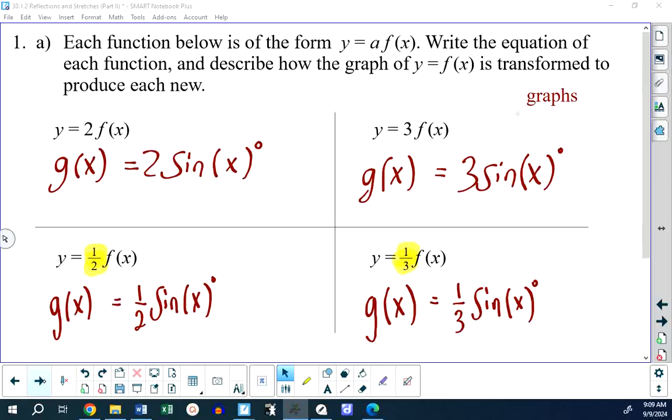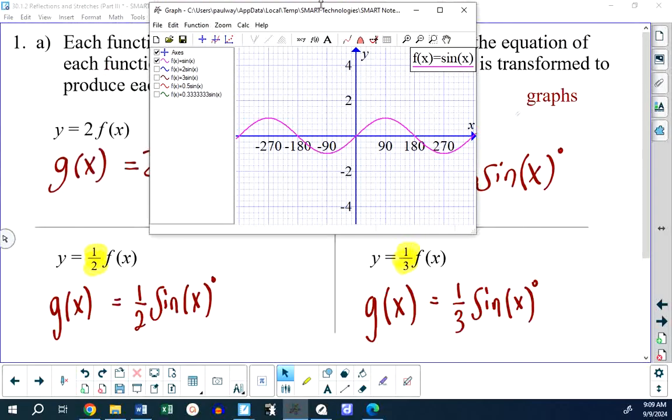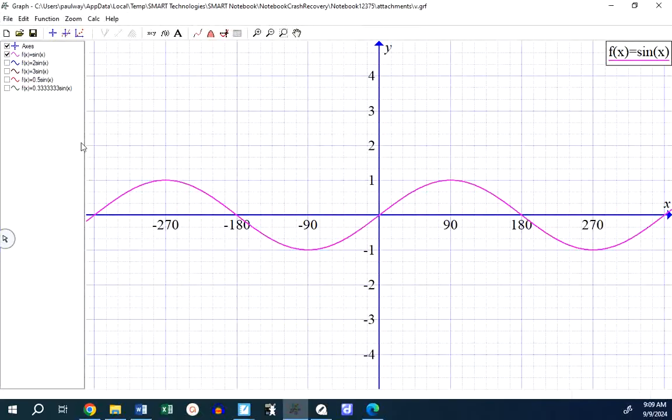Y equals sine of x is a function that you will become intimately familiar with near the end of Unit 3, near the end of Unit 4. And this continues on and on in both directions. There's a maximum value for sine of x of 1, and there's a minimum value of -1. And it just oscillates up and down.